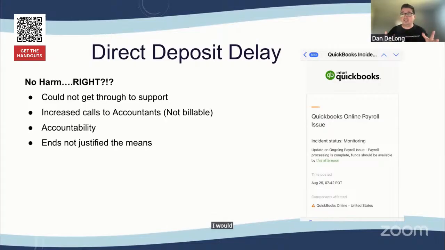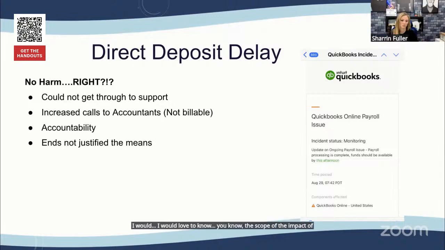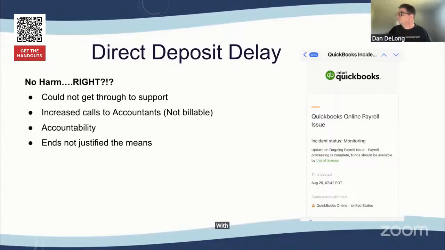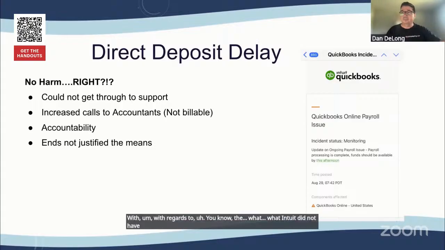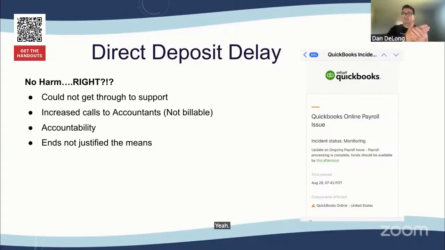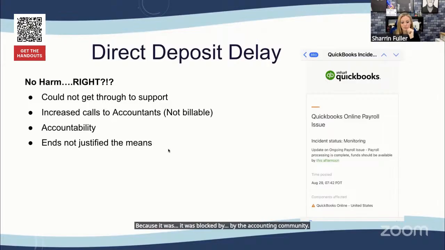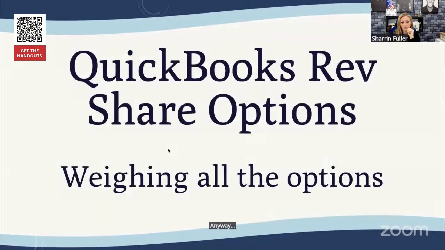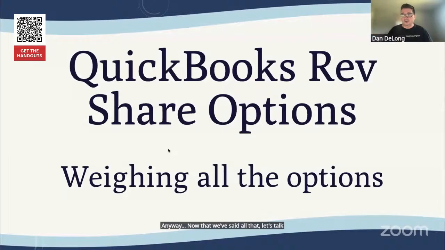I would love to know the scope of the impact, with regards to what Intuit did not have to hear, because it was blocked by the accounting community. Anyway, now that we've said all that, let's get some money off of this sucker.